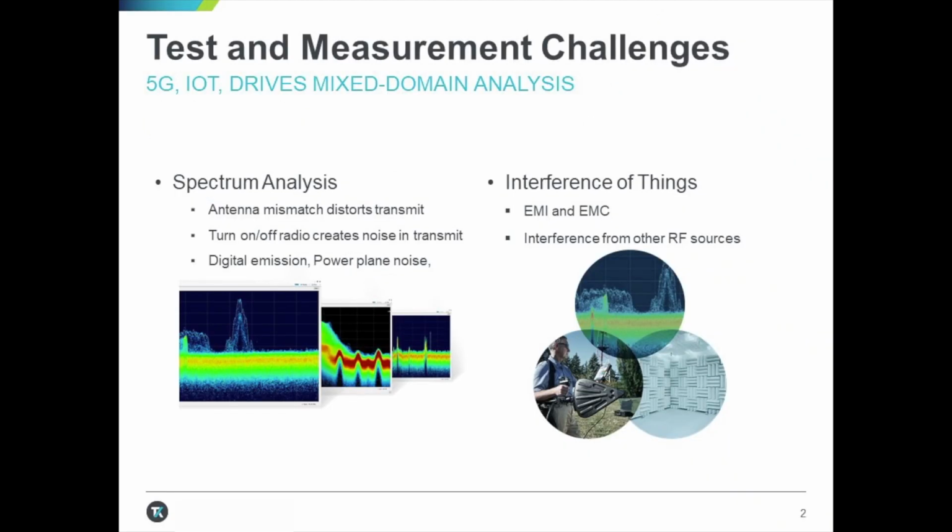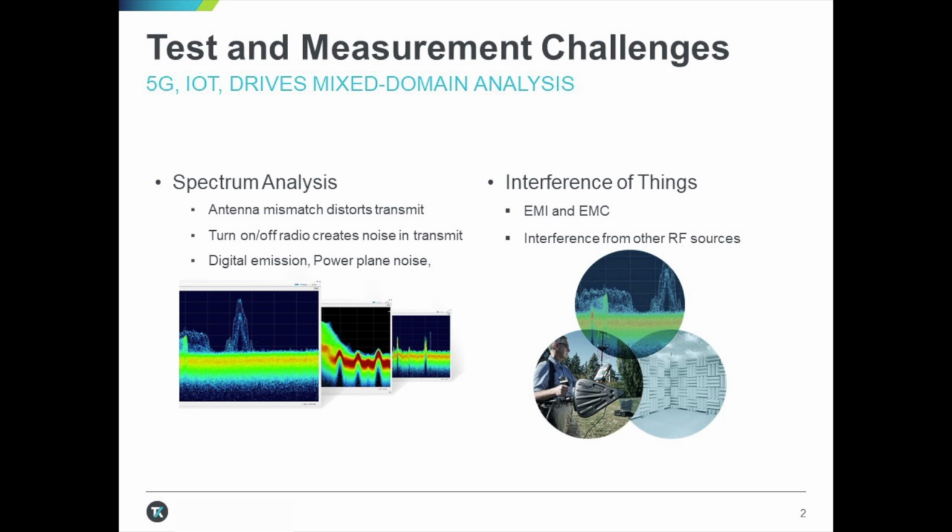If we look at the current test and measurement challenges of today, there's a major shift going on in the industry right now. With the proliferation of 5G, Internet of Things, consumer electronics, and new age industrial, automotive, and medical devices, there are now billions of electronic and electrical devices in the world today, and it's literally raising the ambient noise floor in the radio spectrum around us.